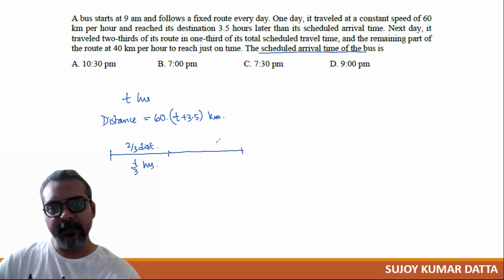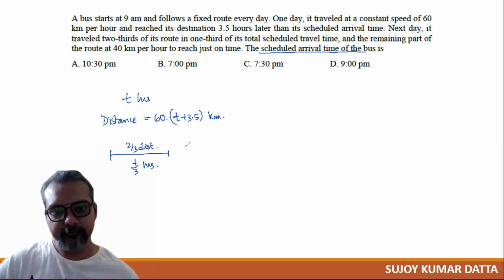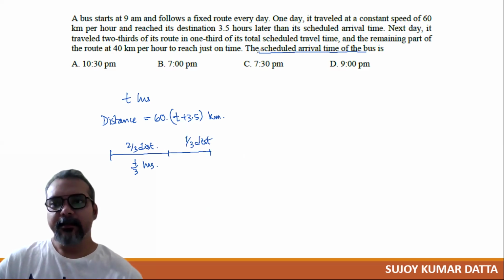That means then it is left with one-third of the distance. Okay, so one-third of the distance, and it traveled at 40 kilometers per hour and reaches on time.